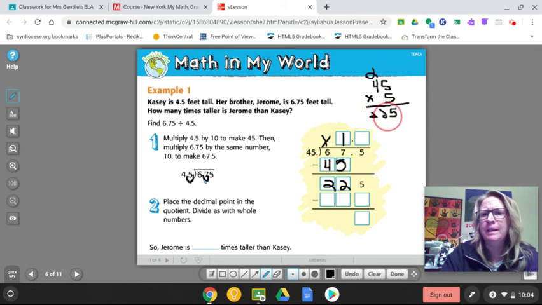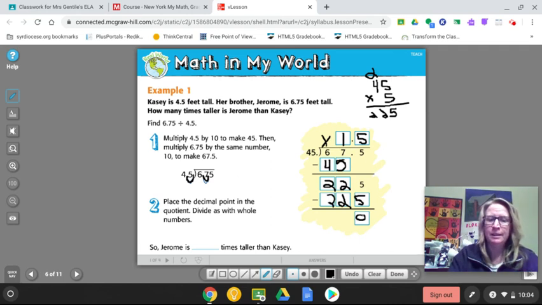Ooh, I'm on fire today, boys and girls. So look at that. It divides in evenly. So 5 groups of 45 equal 225. And I'll write that right down there. And then 225 minus 225 is 0. So Jerome is 1 and 5/10 times taller than his sister Casey. Okay. 1 and 5/10 taller.